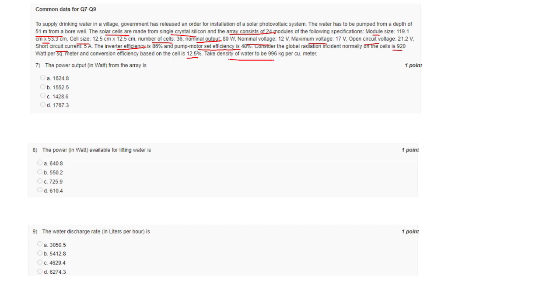Take the density of water as 996 kg per meter cube. Now you have to tell the power output from the array, the power available for lifting water, and the water discharge rate. It's similar to what we have solved, but I will request you all to solve this question and give me some answers in values.